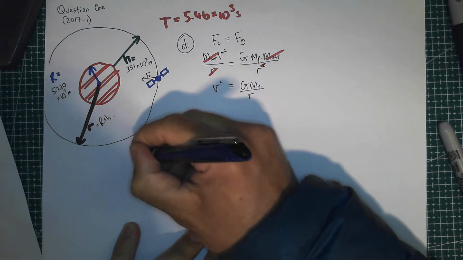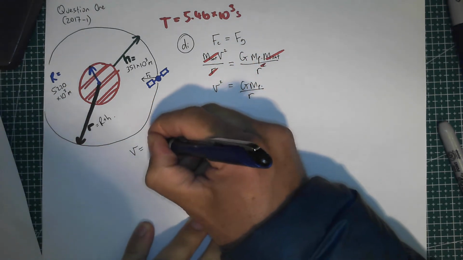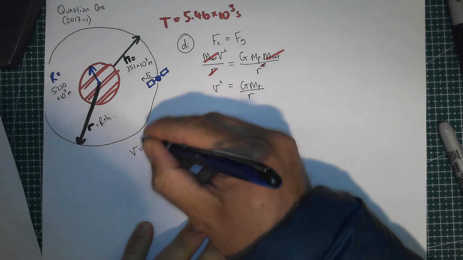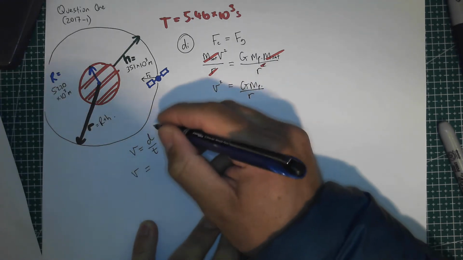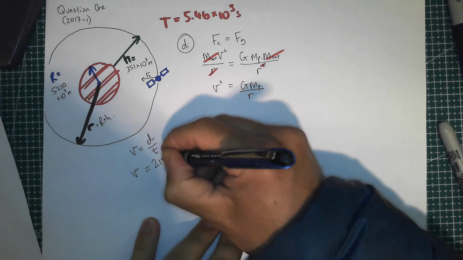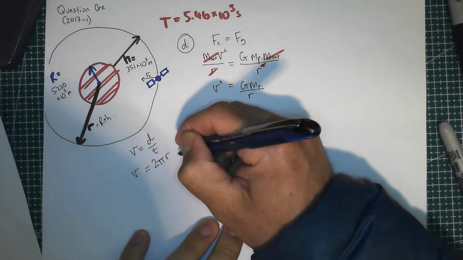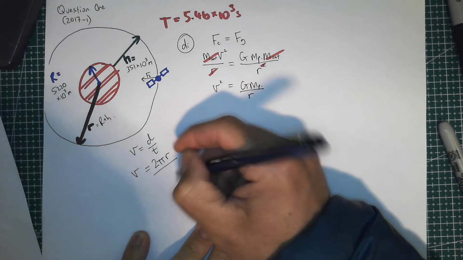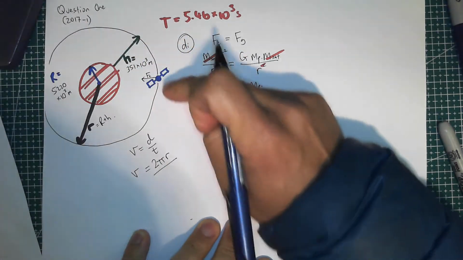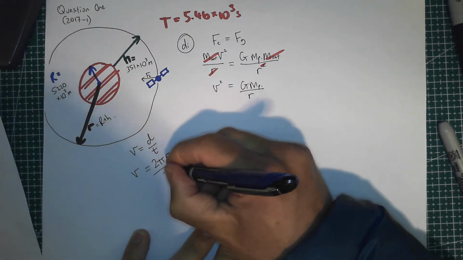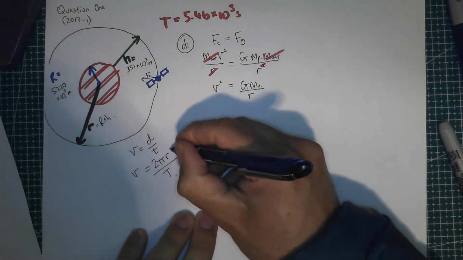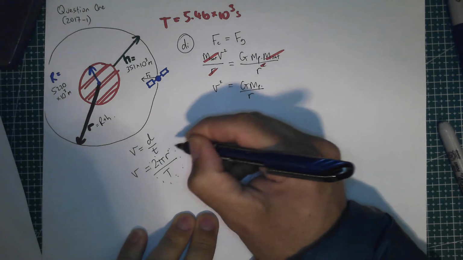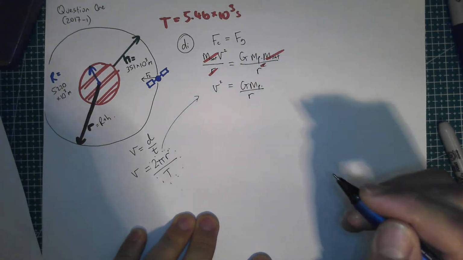So the way we do that is with the velocity equation. Velocity is distance divided by time. We can replace distance with the equation for the circumference of a circle, 2 pi r, and again it's the total radius, divided by, now because it's one orbit, we can replace little t with big T for time period, and we can sub all of this in place of v up here.